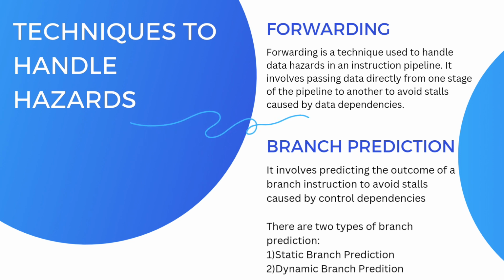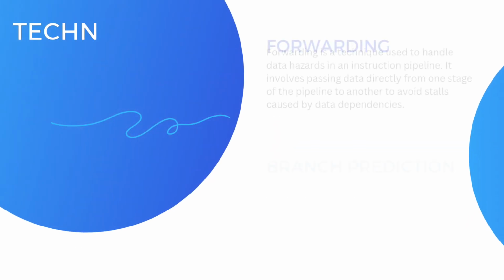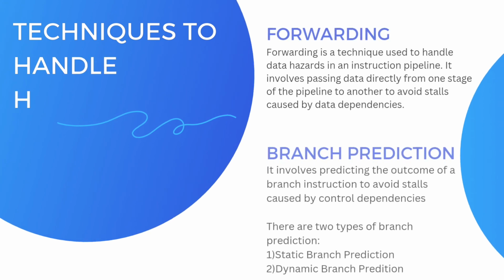Branch prediction. Branch prediction is a technique used to handle control hazards in an instruction pipeline. It involves predicting the outcome of a branch instruction to avoid stalls caused by control dependencies. There are two types of branch prediction. First, static branch prediction. This involves predicting the outcome of a branch based on the instruction opcode.